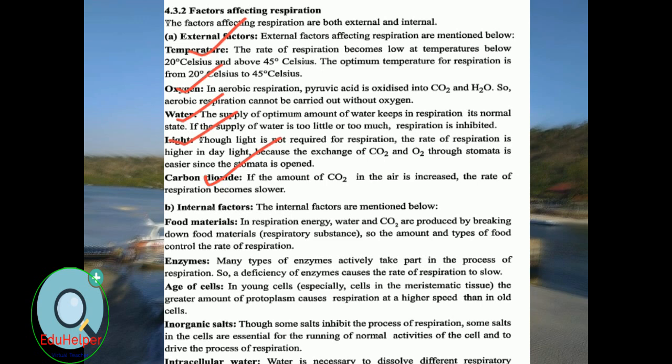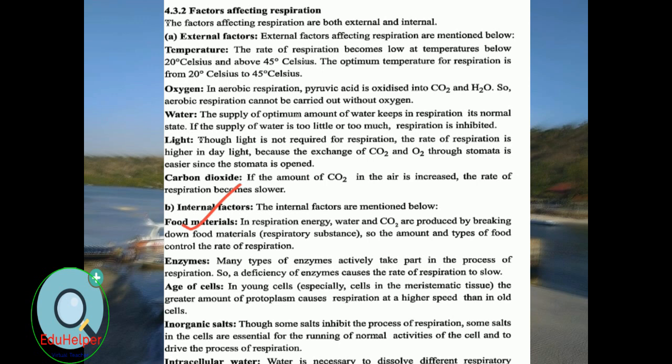Now I am going to describe different kinds of internal factors. First of all, food materials. In respiration, energy, water and carbon dioxide are produced by breaking down food materials. So the amount and the types of food control the rate of respiration. This is a very important point.